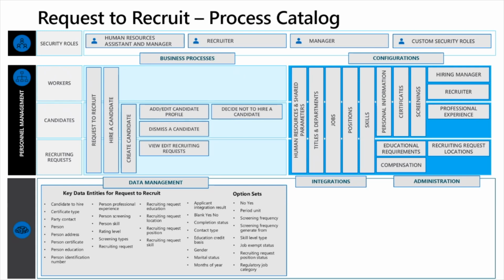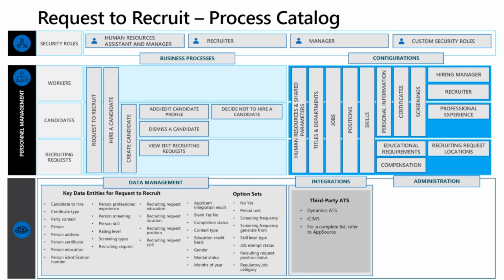While data migration for your go-live may not include any or many of these data points, it is more likely these entities and option sets will be used for integration with an external system, especially your applicant tracking systems. Which brings us to integrations.